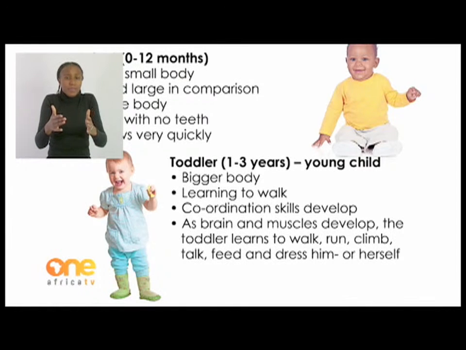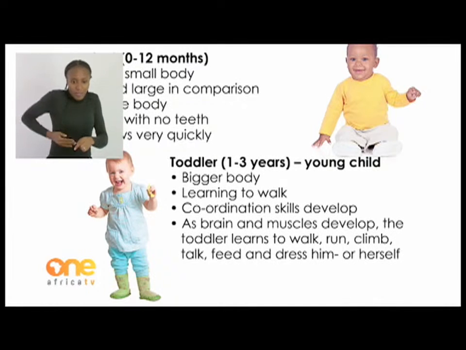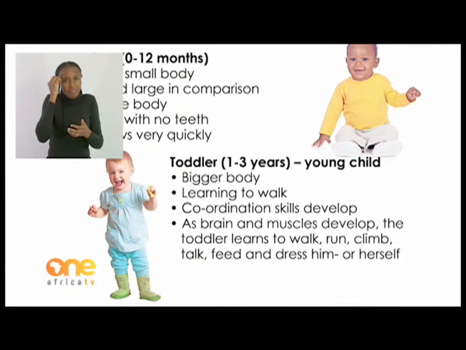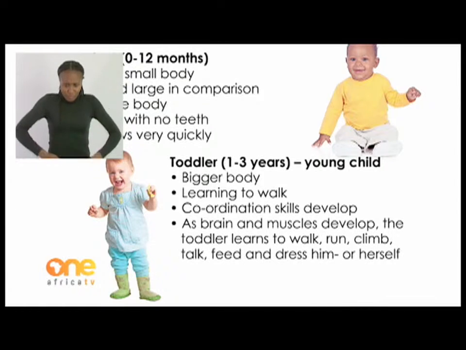Their coordination skills develop. It means they start to do things by themselves. If they want to walk from here to there, they hold on to a chair or a bed or whatever. As brain and muscles develop, they learn to walk, run, climb, talk, feed, and dress by themselves. This is the stage where all of us learned how to put on our own clothes. That's the second stage of life.